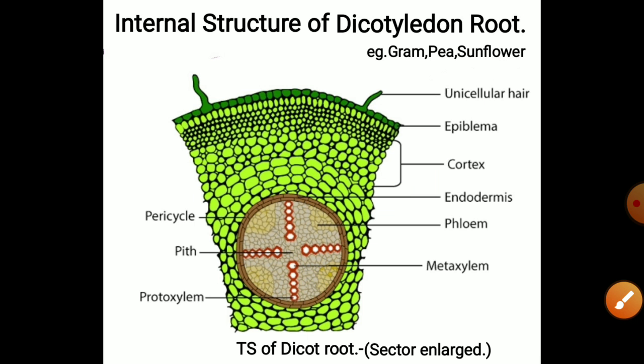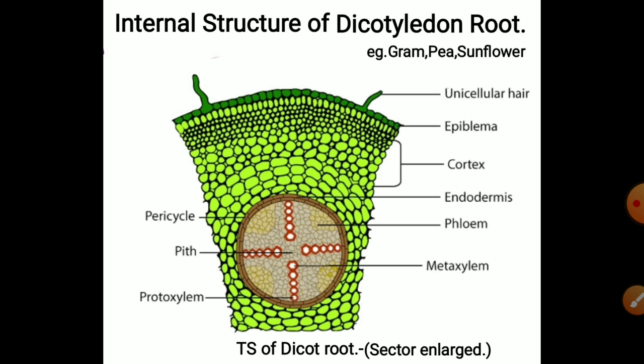Now, such a location of the protoxylem points toward the peripheral side is called exarch. Ex means toward the outer side, arch means the protoxylem points. The protoxylem points are located away from the center, away from the pith, toward the peripheral part, toward the outer part.